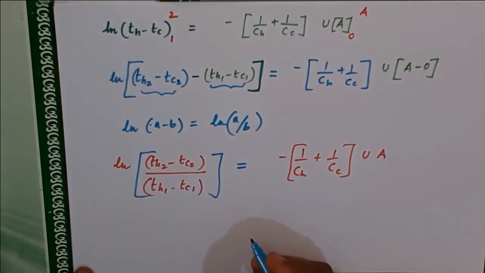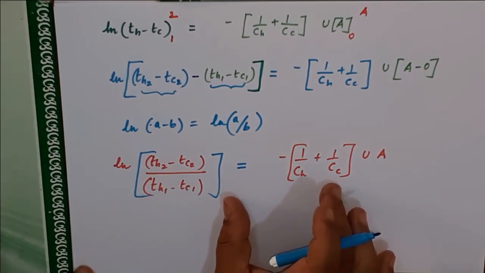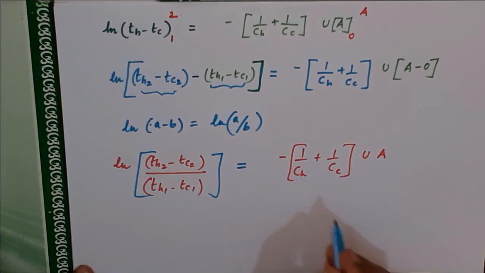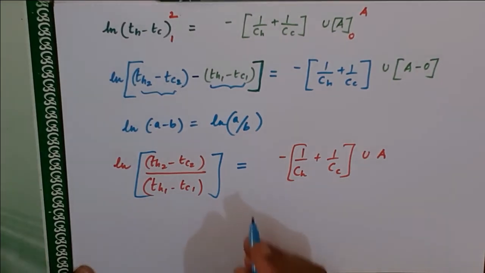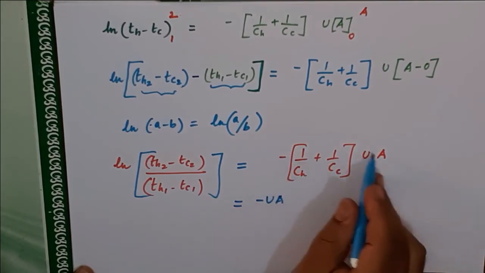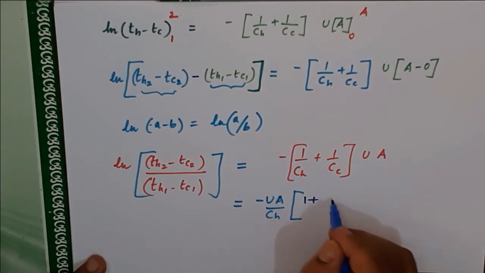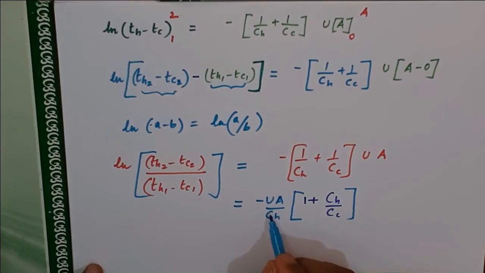Now we bring in effectiveness. This derivation is the same as in the LMTD method, same thing. What I'll do here, I'll take the ratio of CH and CC. See here what I'm going to do? You take UA, take CH outside. Minus UA by CH, taking CH outside, what happens? 1 plus CH by CC. Multiplying 1 by CH inside, this will become 1 by CH plus CH by CC into 1 by CH will become 1 by CC.